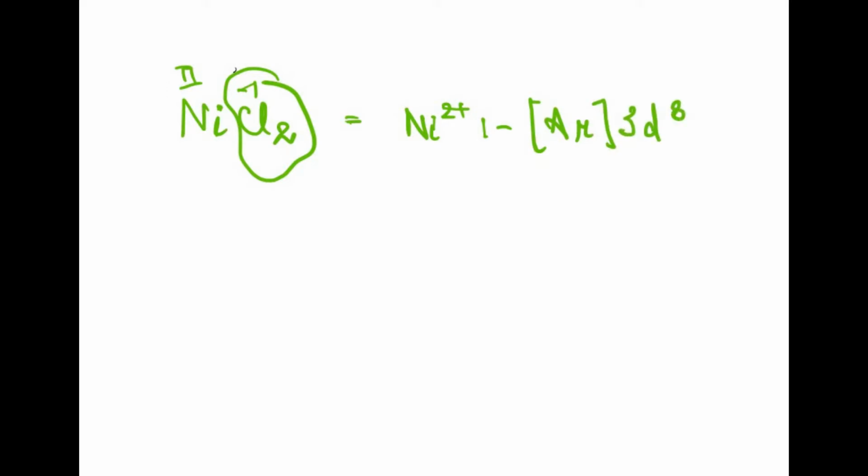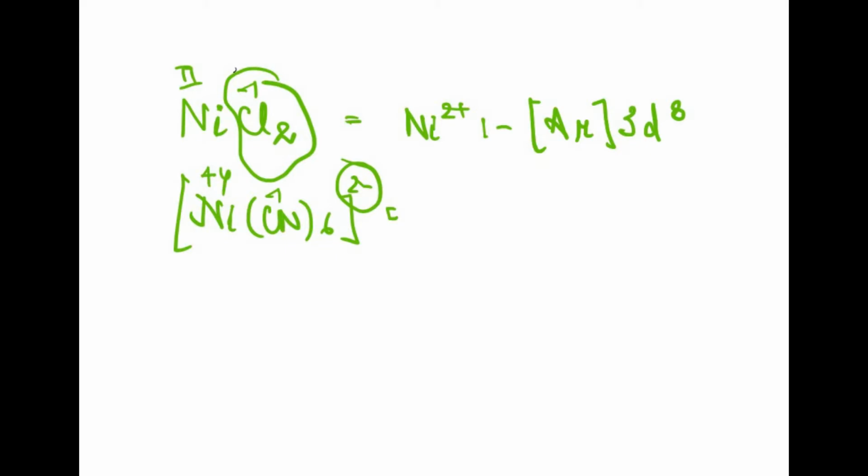Now coming to [Ni(CN)6]2-. Cyanide has a charge of -1, so this is -6. In order to have a -2 charge, the charge on nickel would be +4, right? So Ni4+ would mean argon core 3d6.